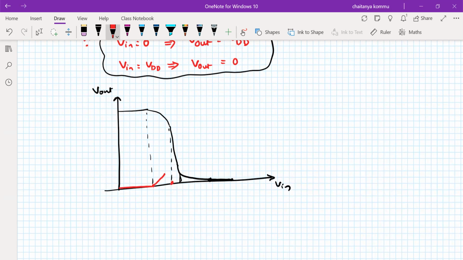One is in linear, one is in saturation. That means current is slowly increasing. When it reaches the maximum value, both are in saturation region. Maximum current will be observed at this point. From this point onwards, it starts decreasing and goes back to the value.